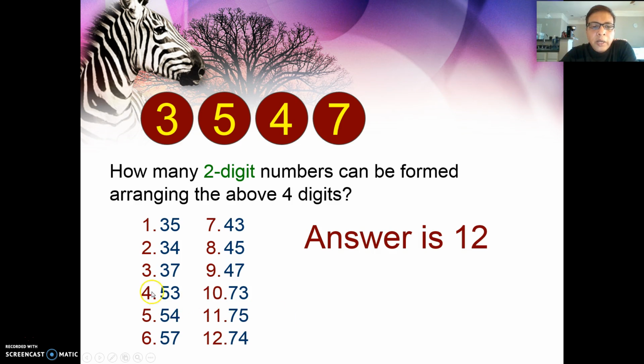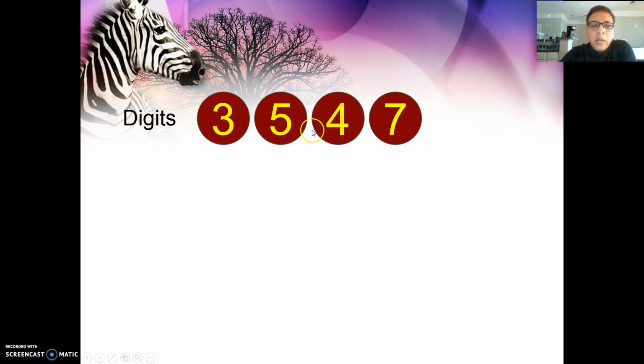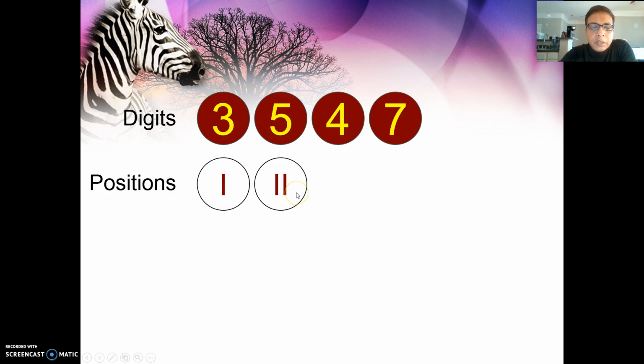But we can avoid creating exhaustive lists, and let us apply our newly learned counting technique. We have 4 digits and 2 positions, as we need to form two-digit numbers.